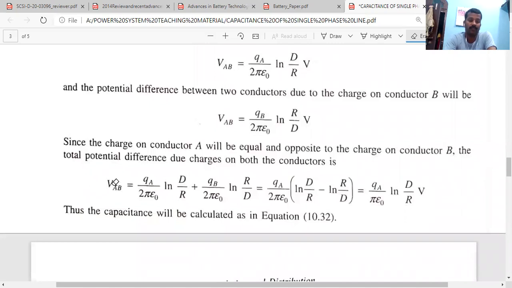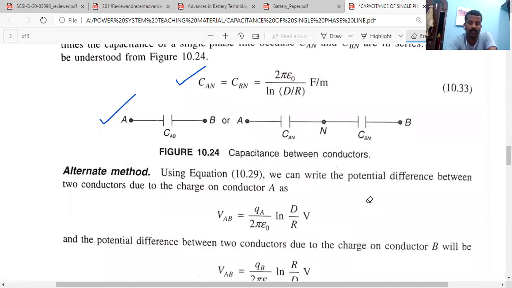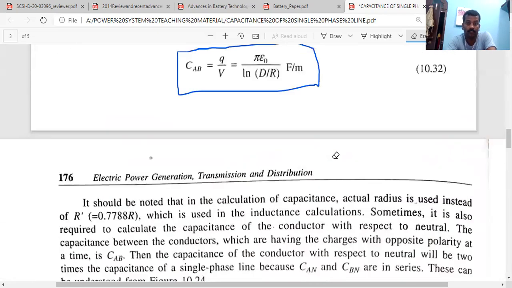Now the voltage between A and B will be the sum of the potential at A and the potential at B. Since B is the returning path, it will be negative, and the total voltage difference is Q upon 2 pi epsilon ln d by r minus ln d by r, because Q is negative here, and it will become finally Q upon pi epsilon ln d by r, similar to this one.